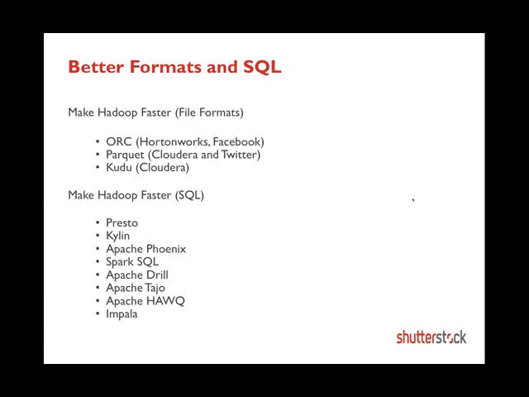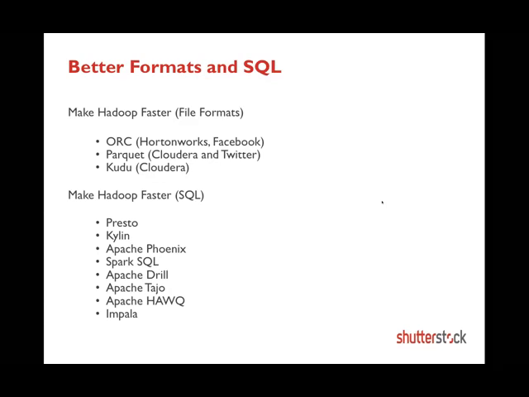You have Kylin, from eBay, providing a SQL interface over HBase. It stores data in HBase but wants to be an OLAP tool. So now you've got these pieces of cubes stored in HBase, trying to provide fast access to data stored in Hadoop. The Apache Phoenix project is built on top of HBase.